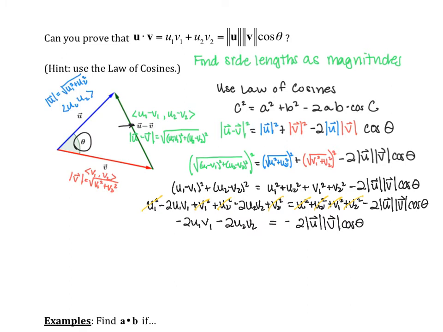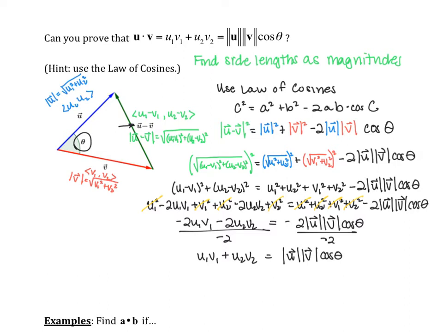Bet you can see where this is going now. And if I divide everything by negative 2, I get u1 v1 plus u2 v2 equals the magnitude of u, magnitude of v, cosine theta. Isn't that pretty cool how that works?